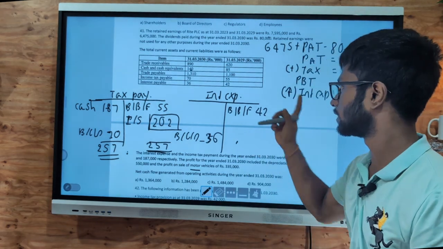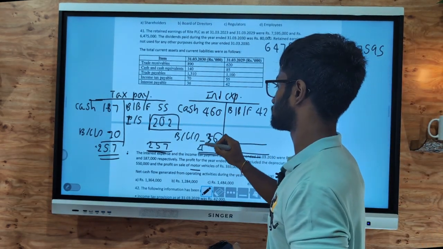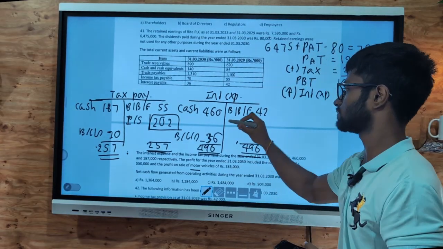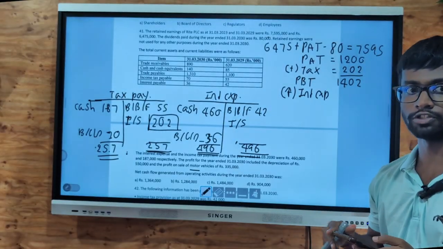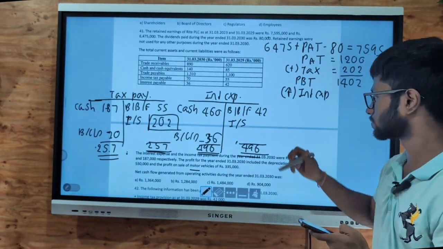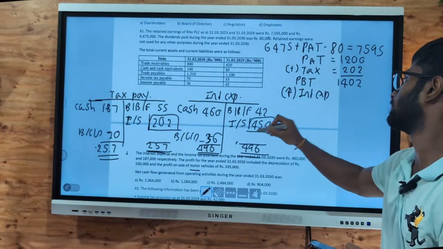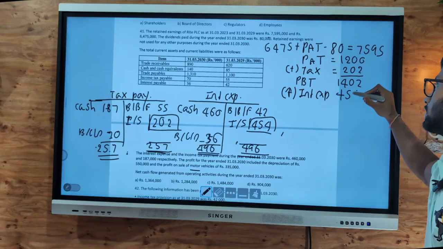Cash credit, interest payable debit. Then here we get 496. Minus this, we get the expense for the year we recorded. How much we recorded as an expense. Here you get 454. So that should be added back, because that's the expense that you recorded under your profit.